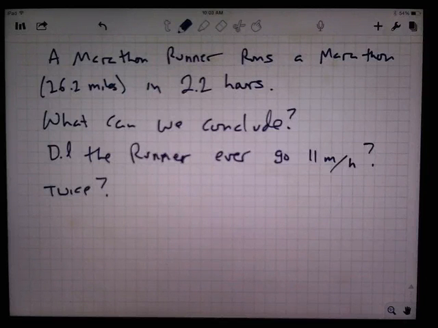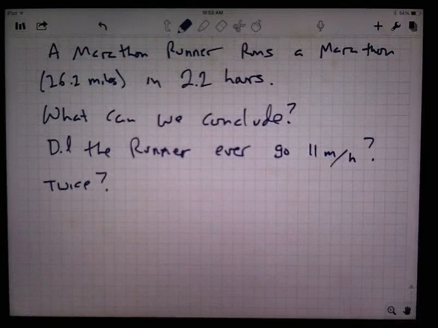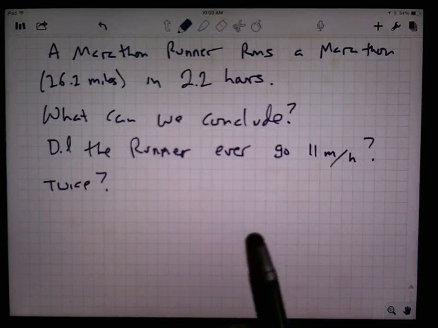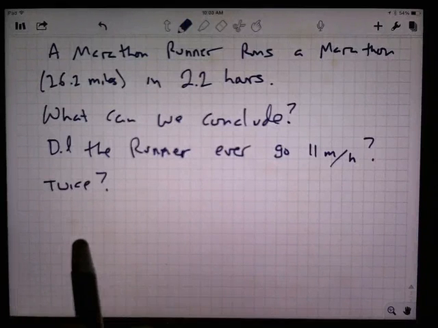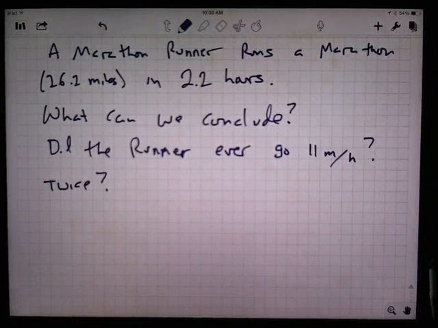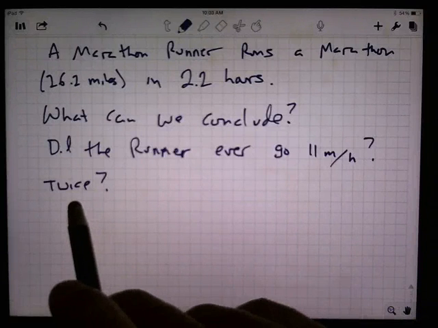And I couldn't do it. So I use this now as an example of what we can actually conclude from this situation, right? And then what more assumptions do we need to get that the runner went 11 miles per hour, or went 11 miles per hour twice?